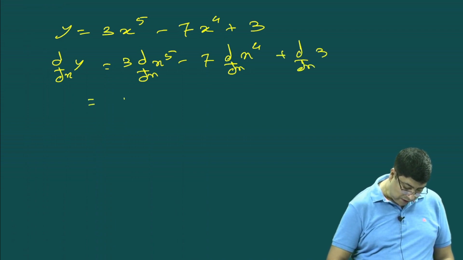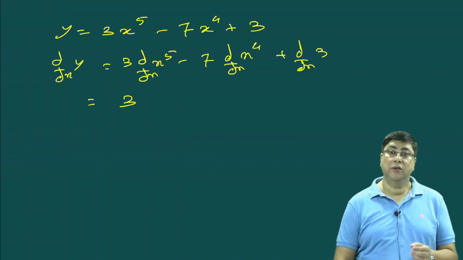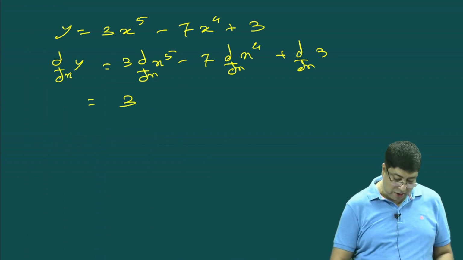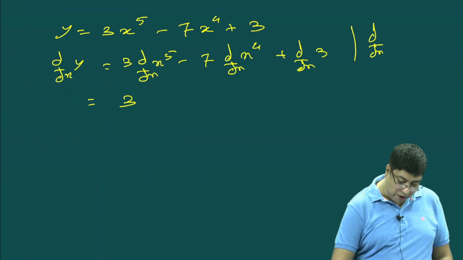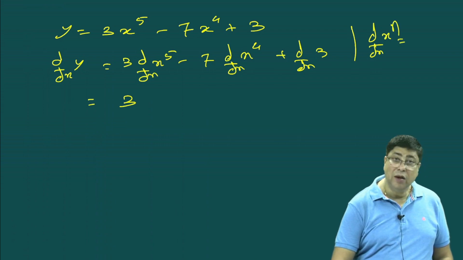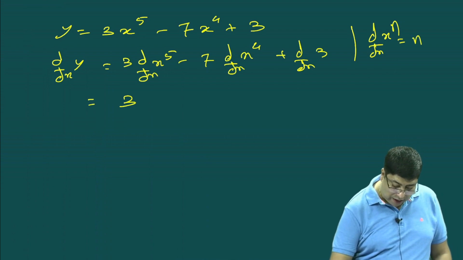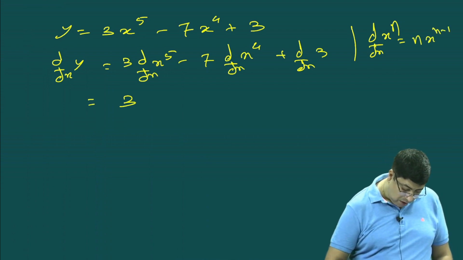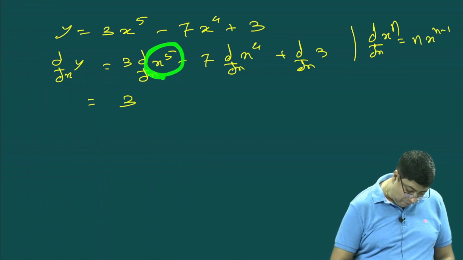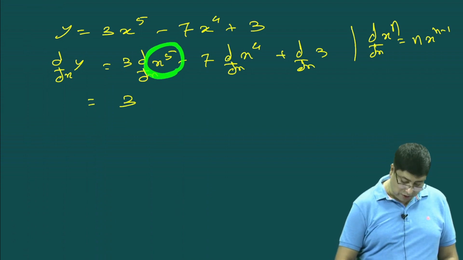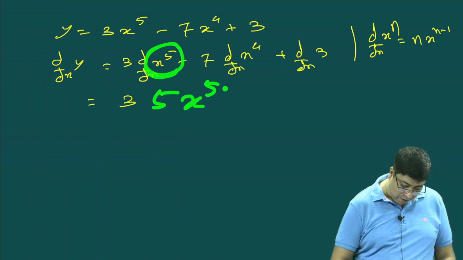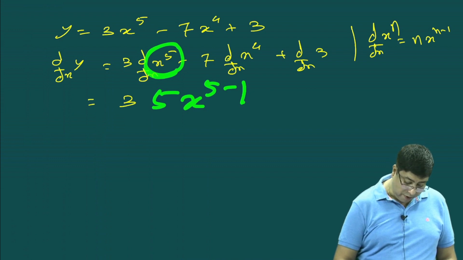So d/dx of x to the power n, where n is a constant number, is n x to the power n minus 1. Using this, we can apply 5 x to the power 5 minus 1, that is, x to the power 4.